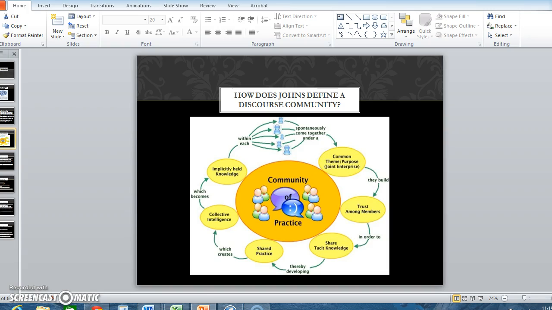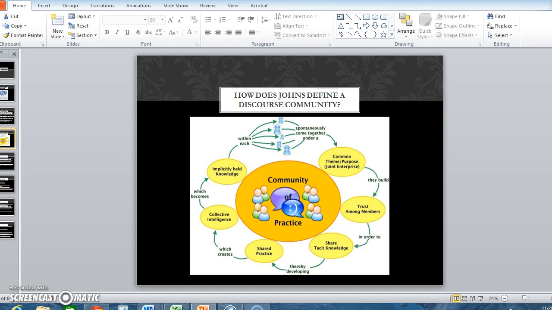Collective intelligence means that everybody should be able to share and understand the same types of knowledge bases, and they should have implicitly held knowledge. Implicitly held knowledge means knowledge that we just inherently know and believe.